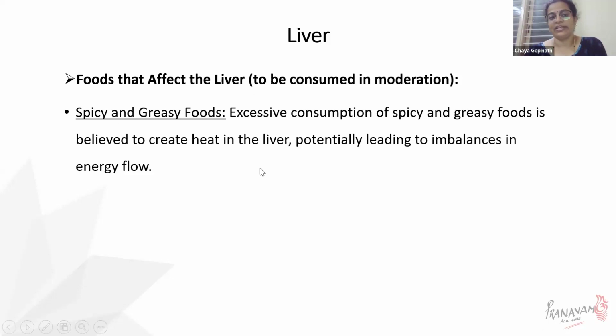One example is excess eating of oily foods. Just now somebody said migraine. When liver yang is rising, liver heat is rising, the chi is flowing to the upper part of the body, reaching your head and causing migraine headaches. So such kind of people should not eat spicy and oily foods.